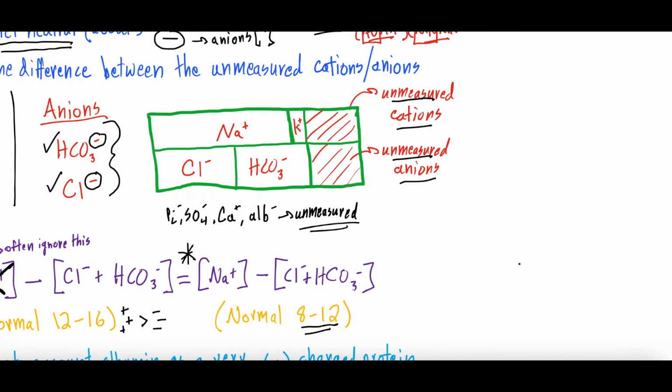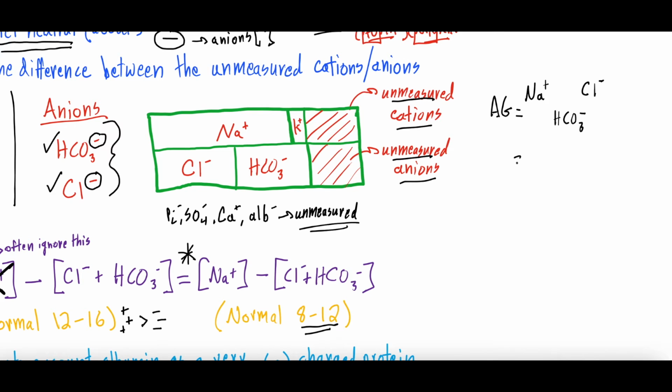Well, we know that there are a number of these unmeasured cations and unmeasured anions. And the anion gap is just looking at the difference between sodium, positively charged, and then bicarbonate and chloride, negatively charged.